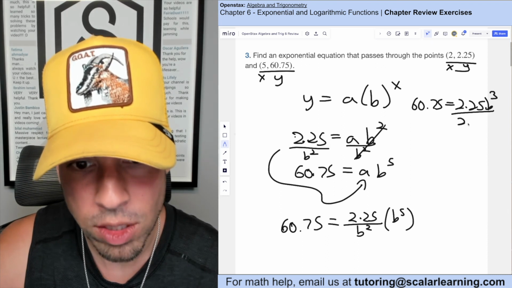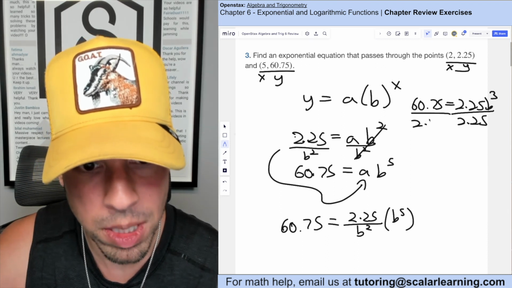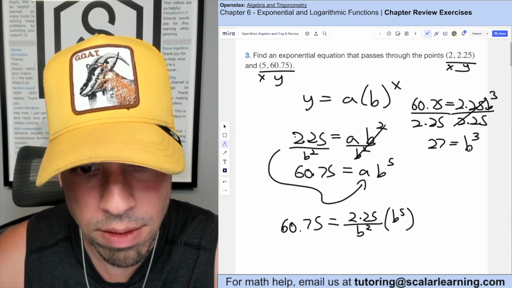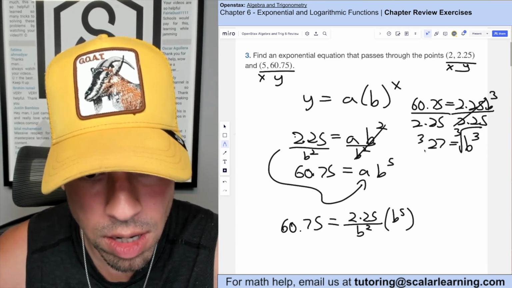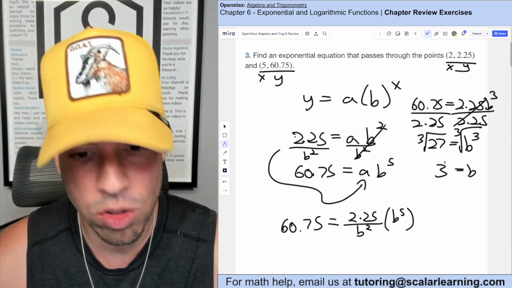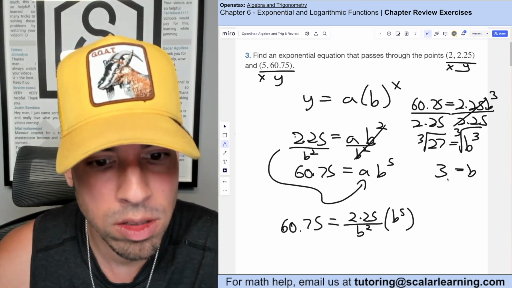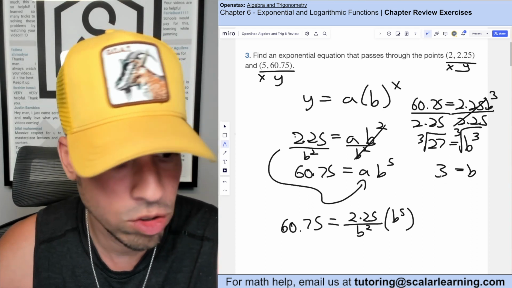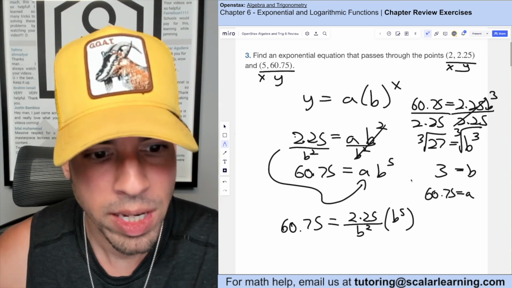Then we're going to divide by 2.25 to solve for b. And when you run that in a calculator, it's b cubed equals 27. Take the cube root of both sides to figure out what b is, and the cube root of 27 is 3, right? 3 times 3 times 3 is 27. So if b is 3, we can now solve for a using either of these equations. Let's plug it into, I don't know, the bottom one just for fun. So we got 3 to the 5th.